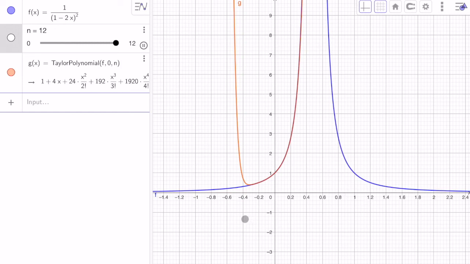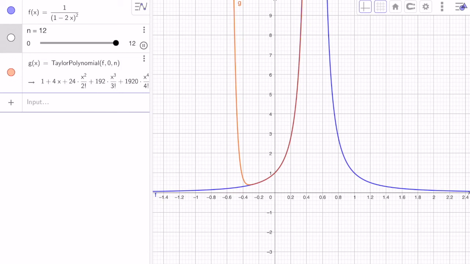It might be clear to you, and a proof of why this is the case is beyond your A-level course, but as n increases, it gets closer and closer when x is between minus a half and plus a half. And in the infinite expansion, the expansions are exactly equal when x is between minus a half and a half. But when x is outside of that, the expansion is not valid at all.